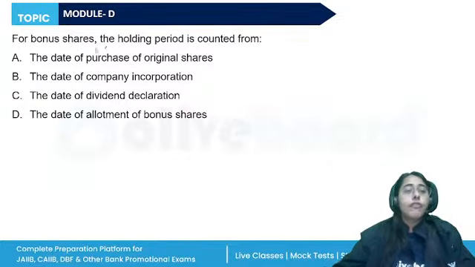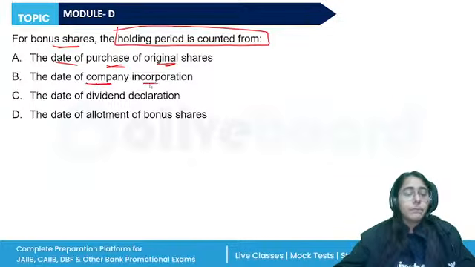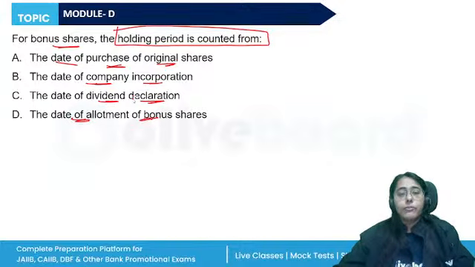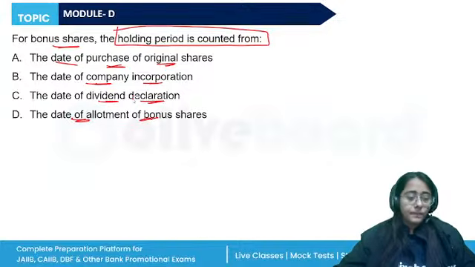Okay. For bonus shares, the holding period is counted from the date of purchase of original shares, the date of company incorporation, the date of dividend declaration, or the date of allotment of bonus shares. What should be correct? In case of bonus shares, how do we calculate the 12-month period?